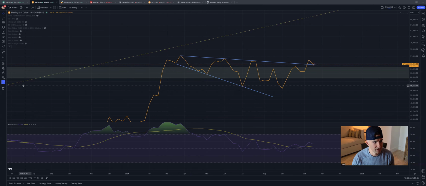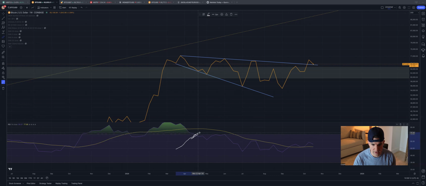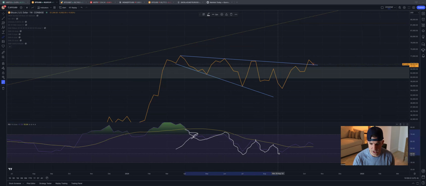What is this yellow line? This is a moving average. Since April, we broke down below the moving average. Rejection, rejection, rejection. In September, we broke out above, we got a retest on that moving average, and now we are consolidating above it.